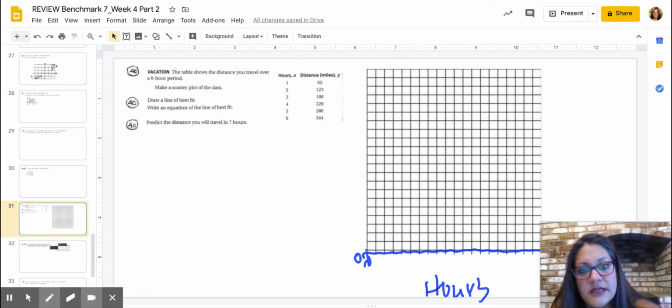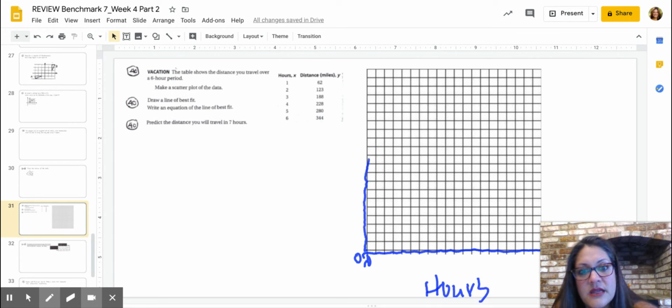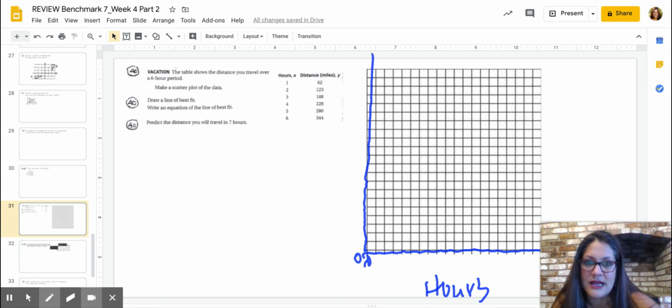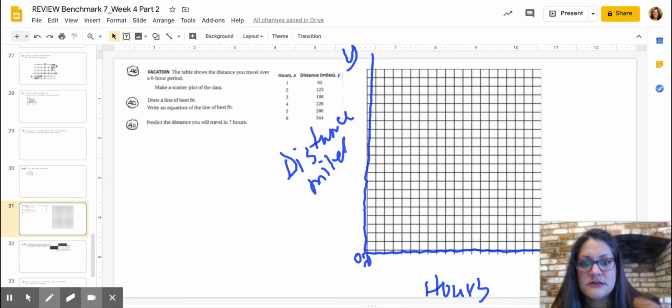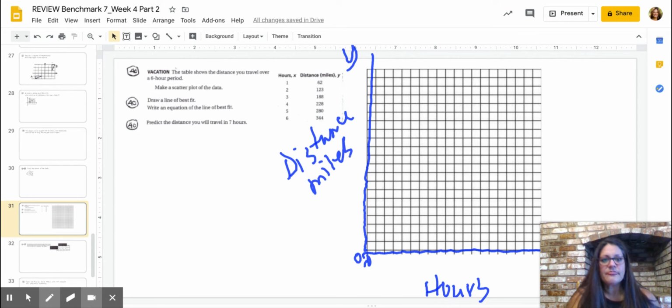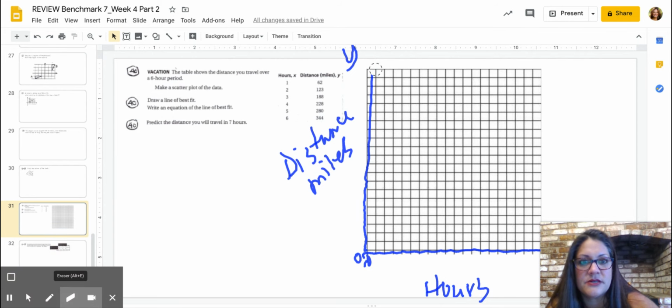This right here is my y-axis. And that is going to be my distance, which is in miles. Okay, distance in miles.